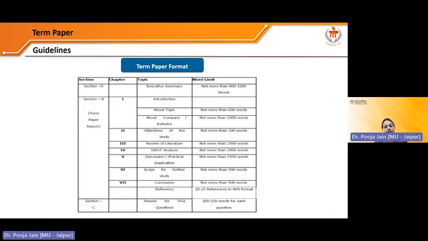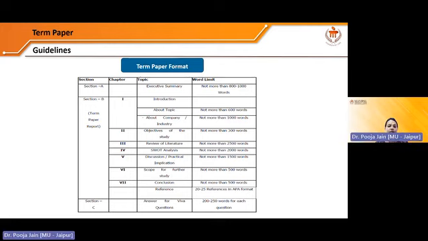Next, after completion of the discussion and practical implication, the sixth chapter will be scope for further study. Now, under this heading, you will have to suggest to another learner or another researcher what further study can be done. Means what things you have not done in your study, you have to put for further study, scope for further research.